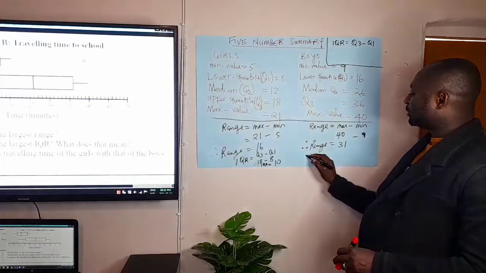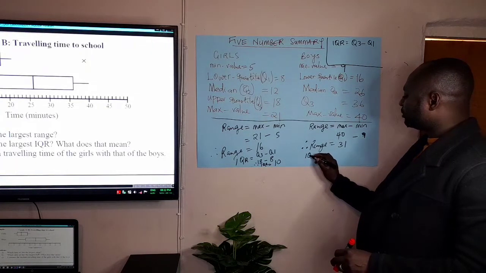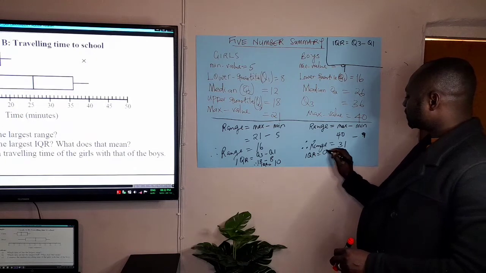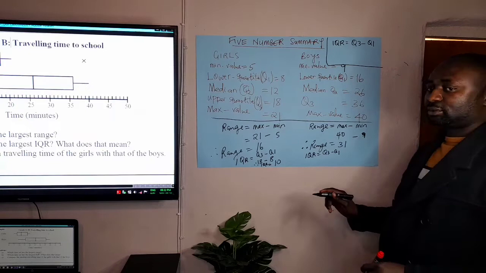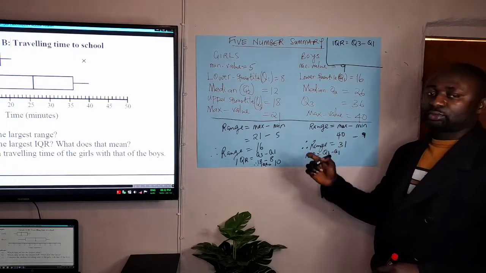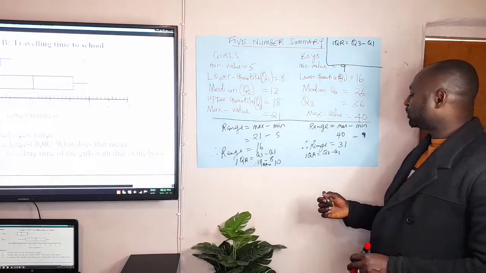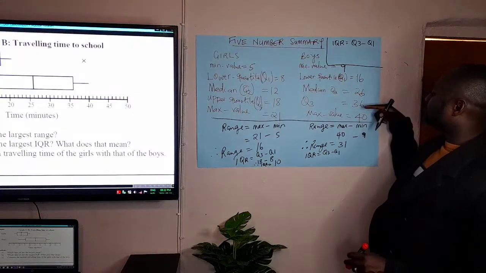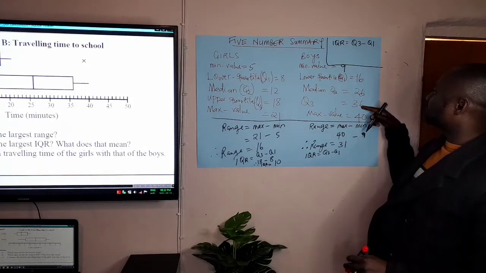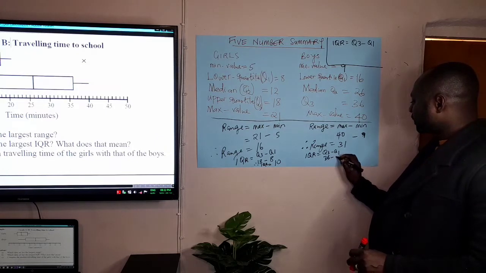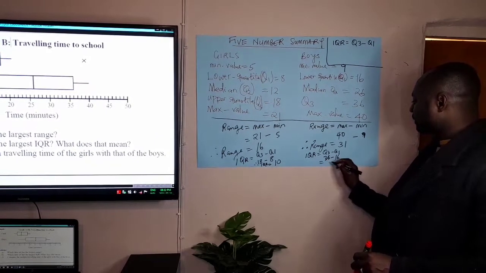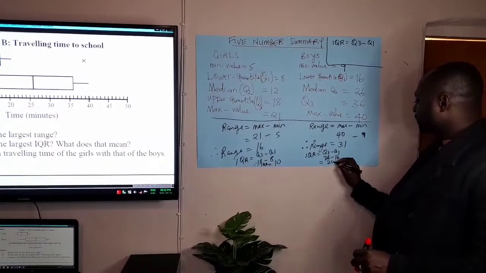Now the same thing, if you are calculating IQR for the boys, it is the same as Q3 minus Q1. So your upper quartile here is 36, your lower quartile is 16. So it's 36 minus 16, and the answer is 20.